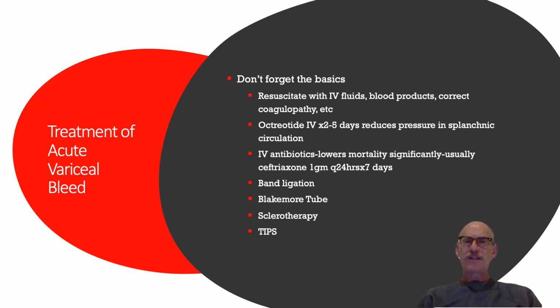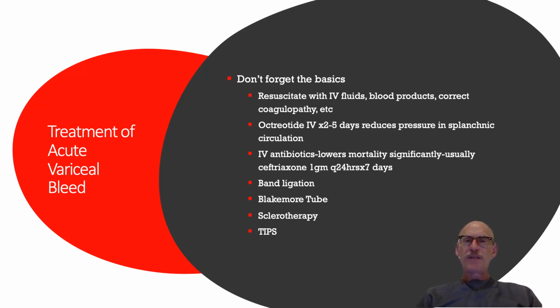IV antibiotics are given because it turns out that they lower mortality significantly in patients with variceal bleeding. We usually use a broad spectrum antibiotic such as ceftriaxone, 1 gram every 24 hours for 7 days.